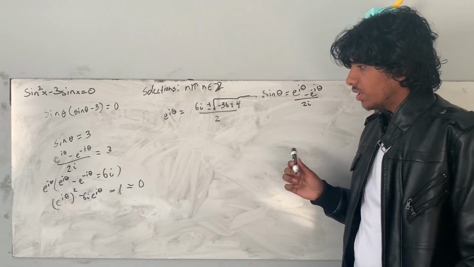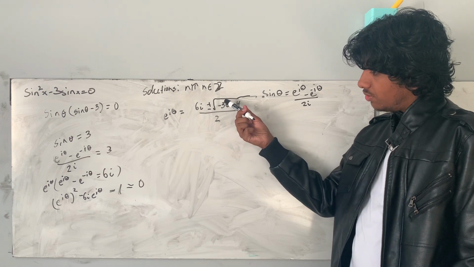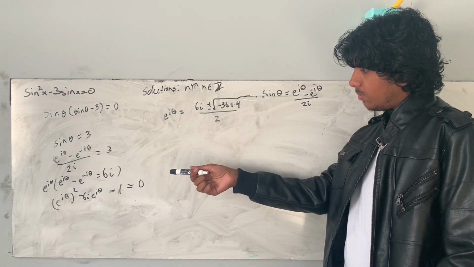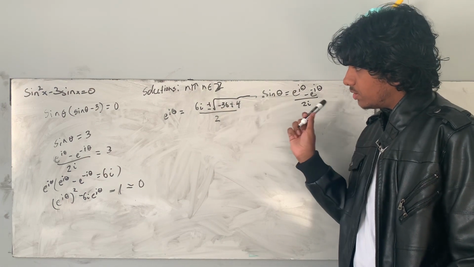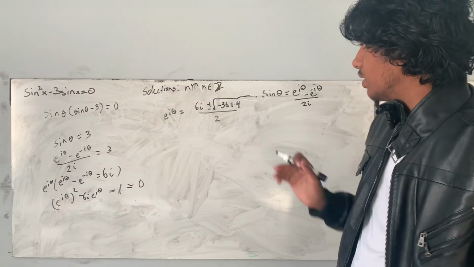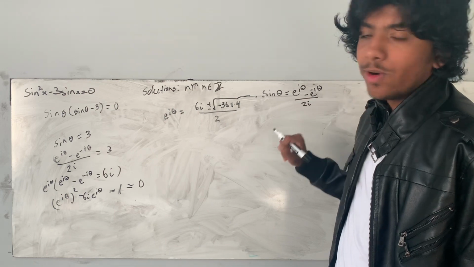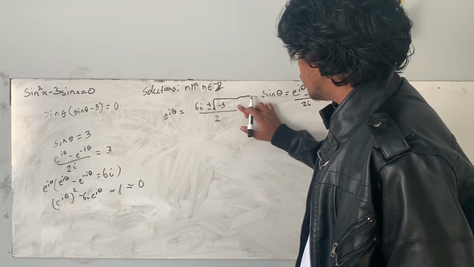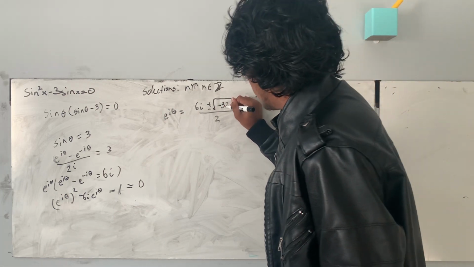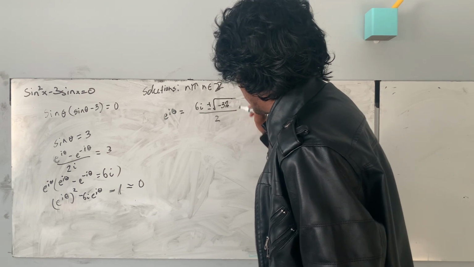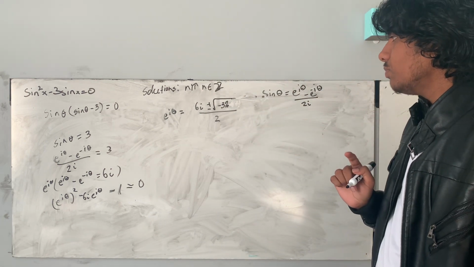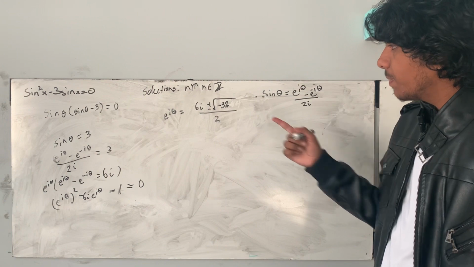Right? Minus b plus or minus the square root of b squared minus 4ac. Let's simplify the inside. Minus 36 plus 4 is minus 32. So let's just write that as the square root of minus 32. Right? So now we have this.